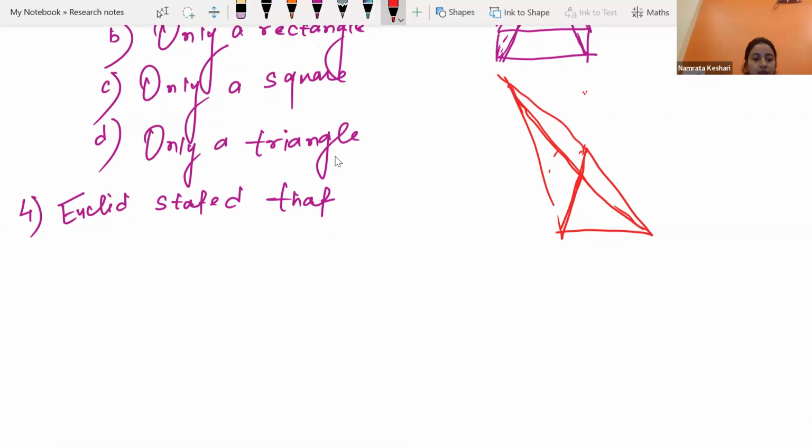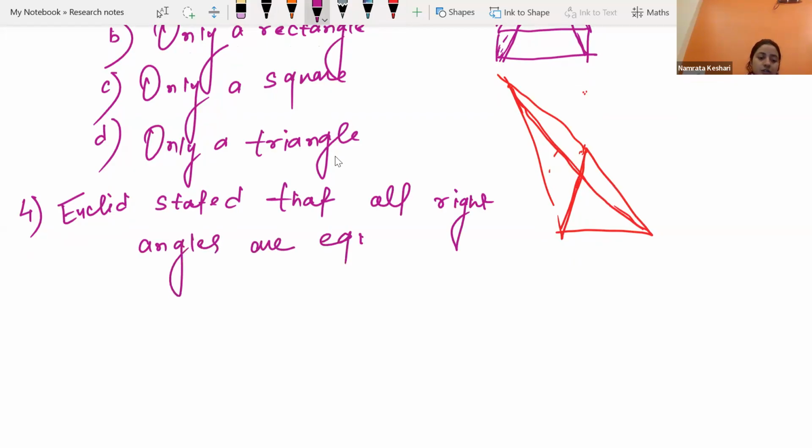Next: Euclid stated that all right angles are equal to each other.